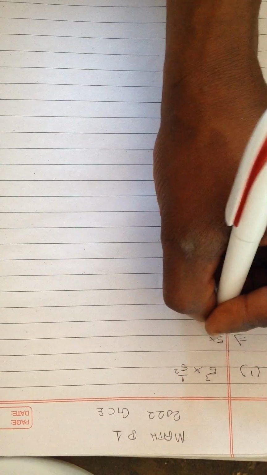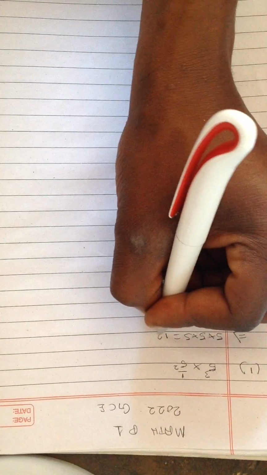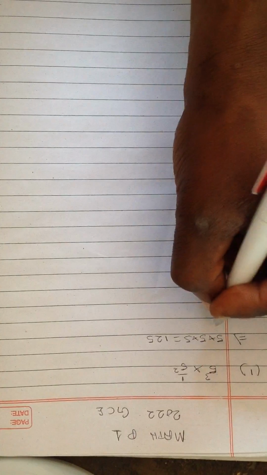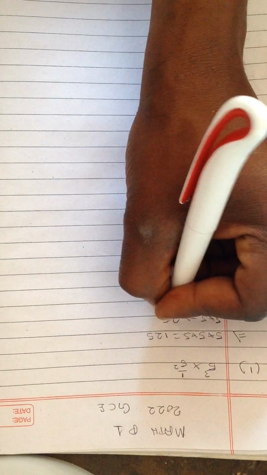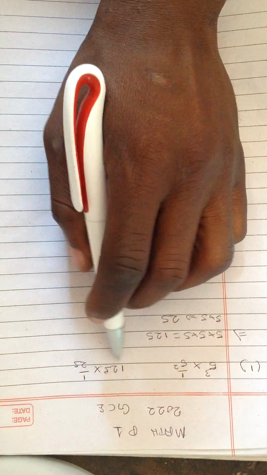So 5 times 5 times 5: 5 times 5 is 25, times 5 is 125. 5 raised to power 2 means multiply 5 two times, 5 times 5, which gives 25. So I have 125, multiplied by 1 over 5 raised to power 2, which is 25. Okay, so this is 125 as a whole number.